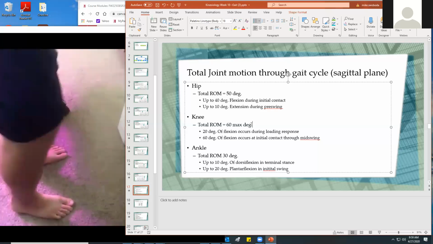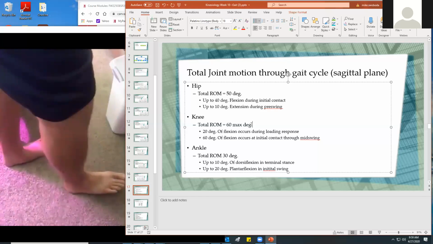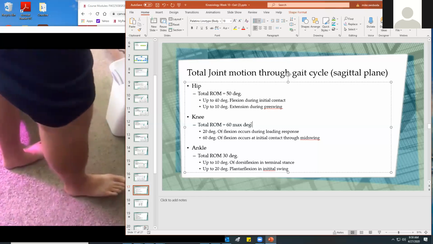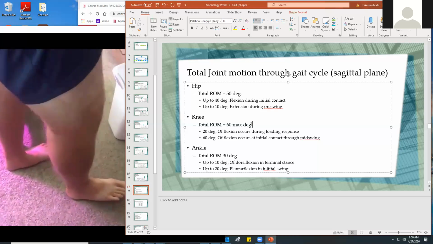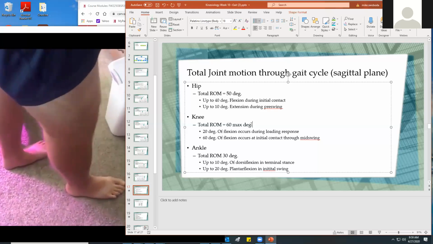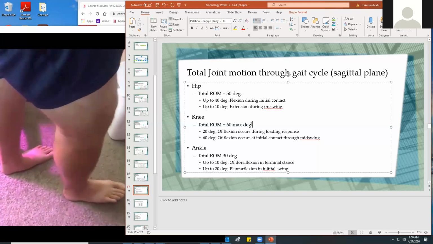So when I hit this loading phase, where I am hitting my heel to the ground, my knee, if you notice, is only slightly bent. Only about 20 degrees that will bend.